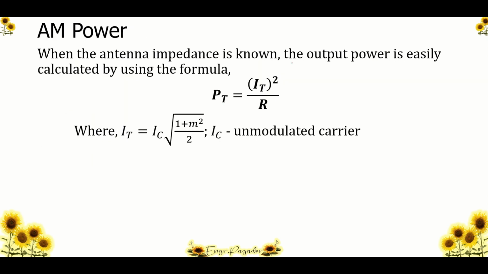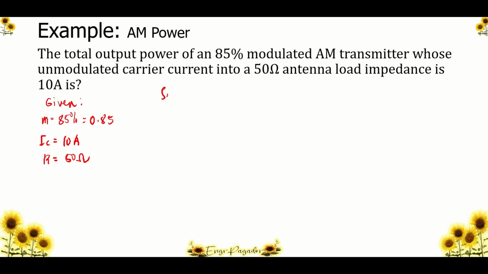Si PT is equal to IT squared over R. But first, we are going to compute for IT. So, the formula for IT is this one. IC times the square root of 1 plus M squared over 2. So, solution natin, our PT is equal to IT squared all over R. So, first, compute natin si IT, which is equal to IC times the square root of 1 plus M squared all over 2.